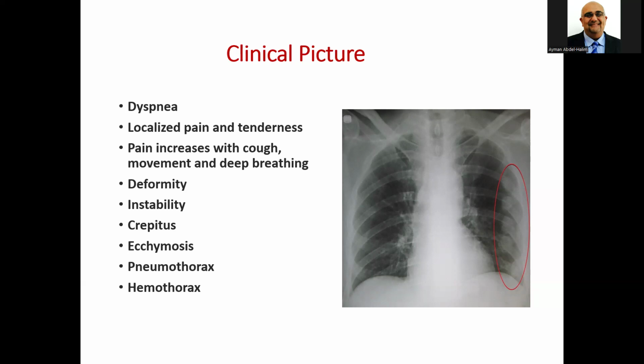You will have dyspnea, localized pain and tenderness, and pain that increases with cough, movement, and deep breathing. Deformity, I didn't have. Instability, crepitus, ecchymosis, pneumothorax, hemothorax: I was fortunate enough not to have these problems.